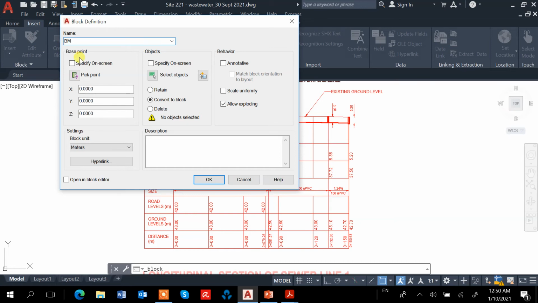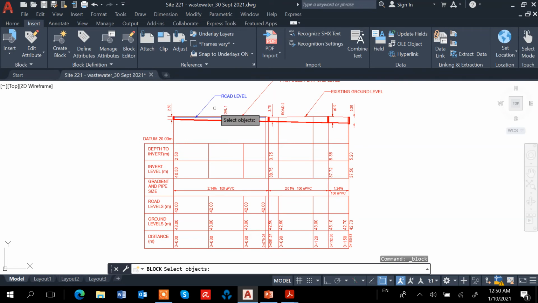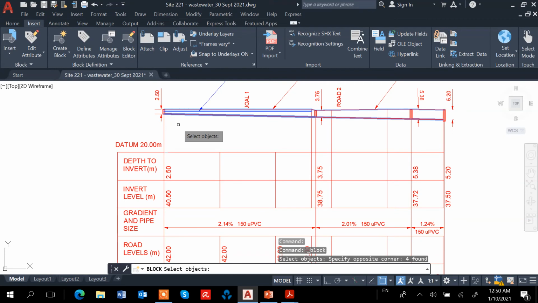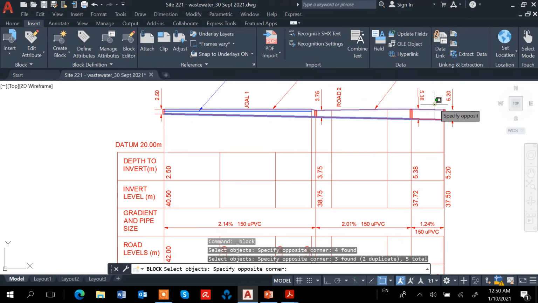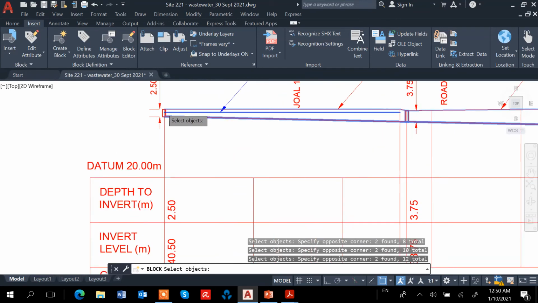BM, and select objects. Sorry, not that one. Let's do this one first, the pipeline, and also need to cover the manhole, and this one.